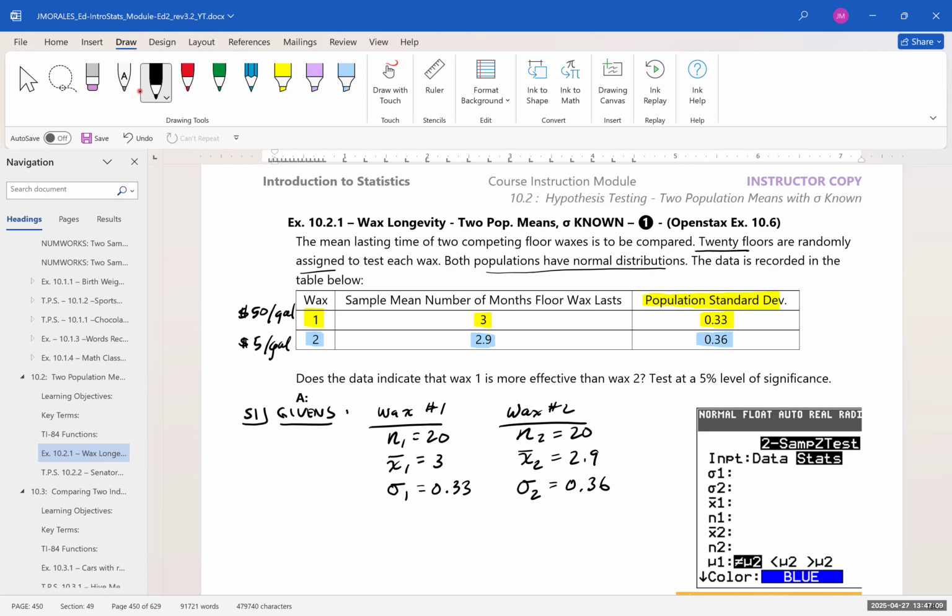Now, does the data indicate that wax 1 is more effective than wax 2? So you could almost take the word effective out, and it's the population mean of wax 1 is more than wax 2.